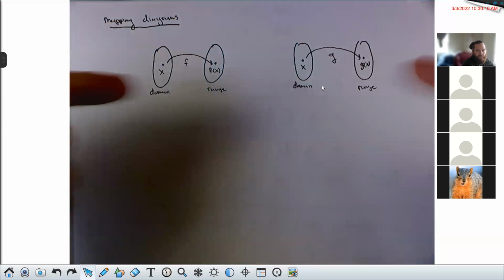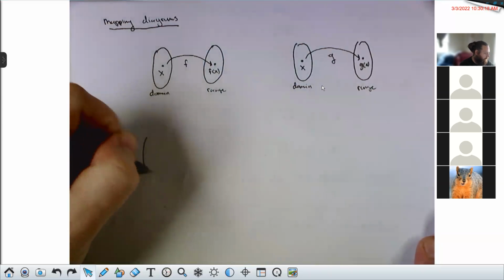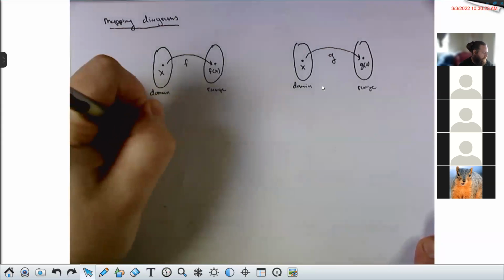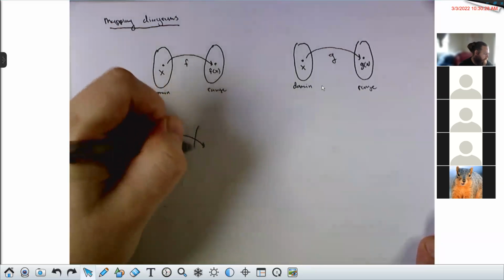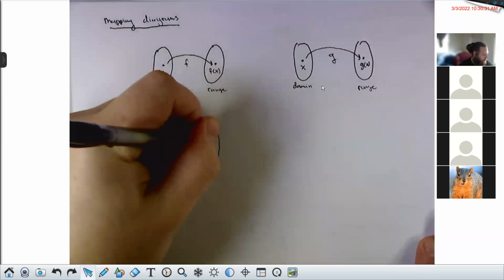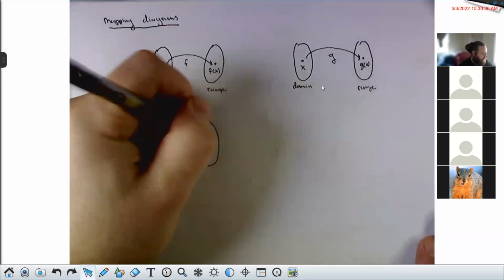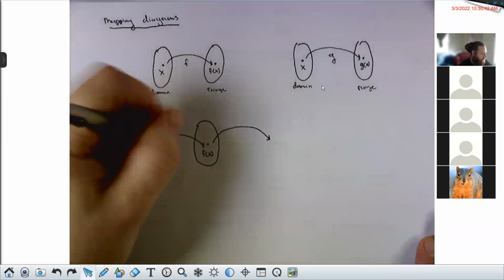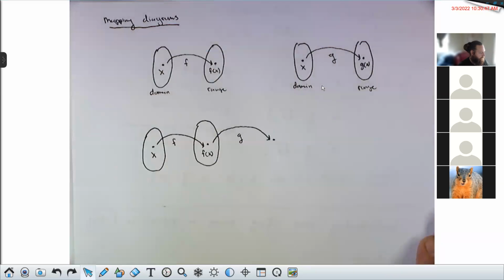You just scooch these guys together until the range of F sits on top of the domain of G. So if I take this original domain for F, now F sends that thing into an element of the range of F. And then I scooch G over so that this is now the domain of G. Here's F, here's G. Then this is going to hit something over here.